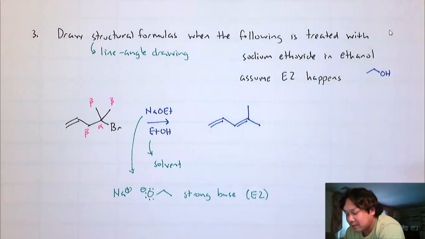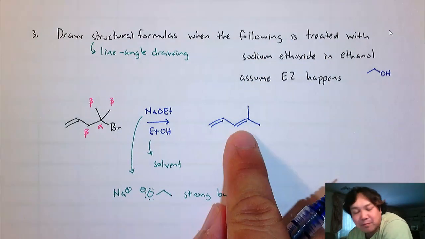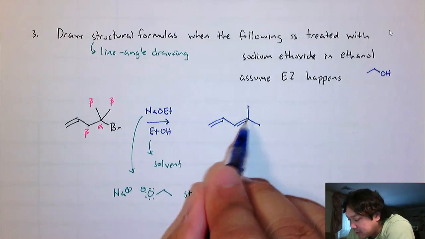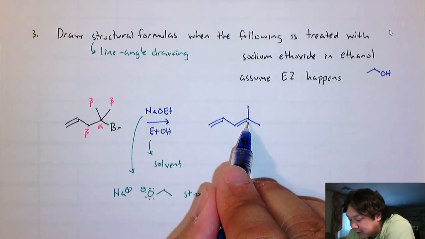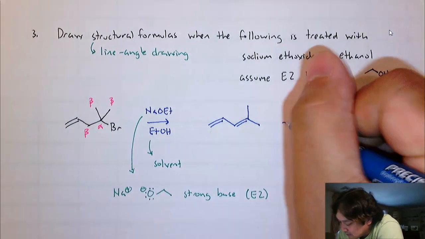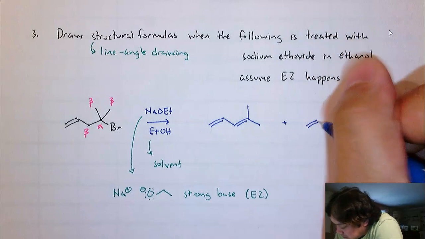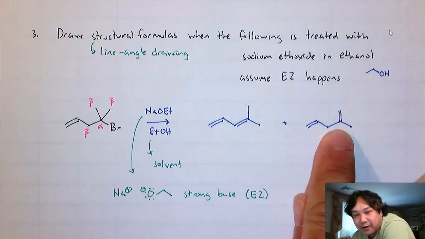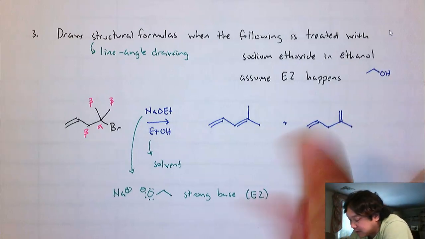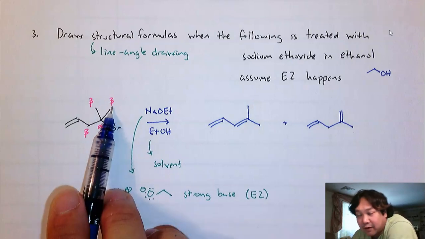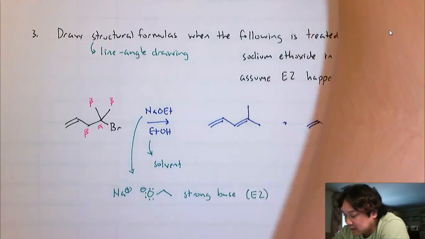I like trying to draw the molecule with the correct bond angles, so we do have 120 degrees because that carbon is trigonal planar. The double bond is between this alpha and beta, plus another product, again trigonal planar, and I'm using this beta up here. If I use the beta over here, it's going to give me the same product.